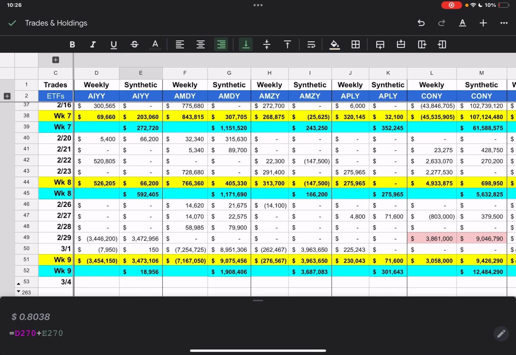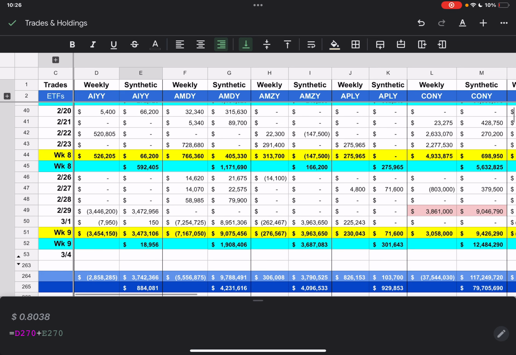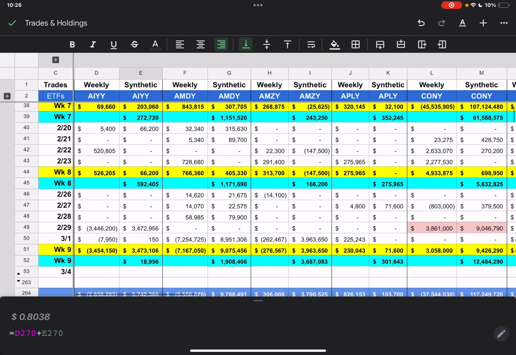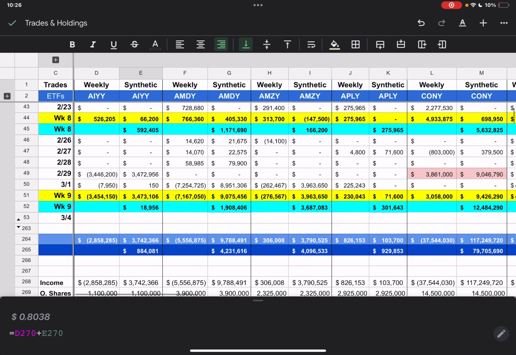But overall, it looks like we have gotten 4.2 mil if we're looking at the weekly short call and the synthetic together. But if we look at them separately down here at the bottom, because of that last week for AMD, we lost 5.5 million on the weekly short call, and then we got 9.8 million for the synthetic, right?